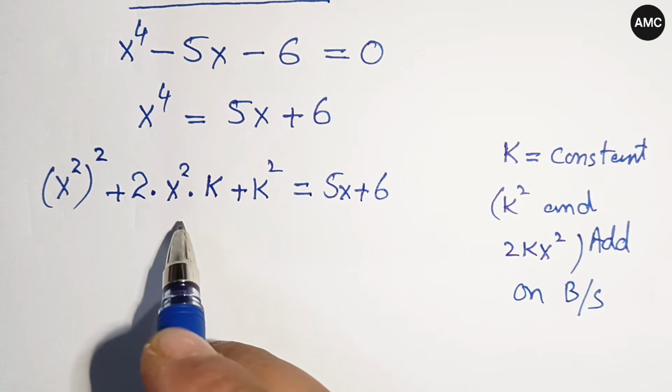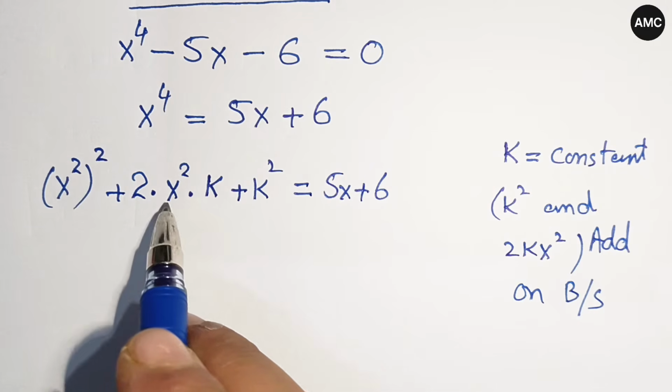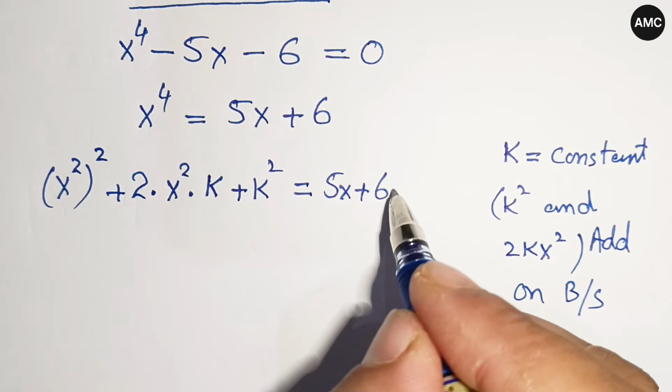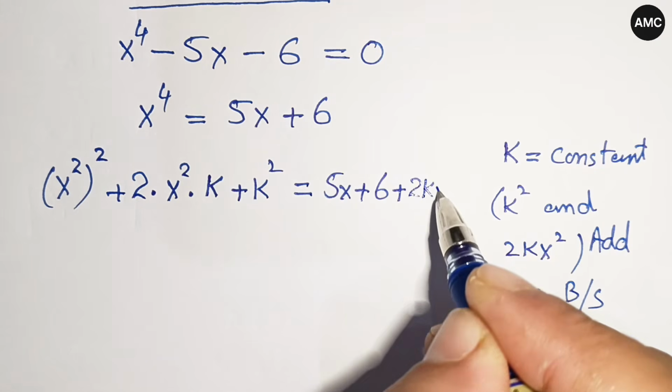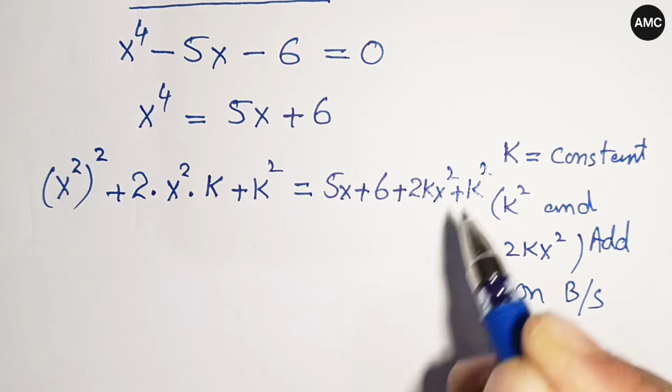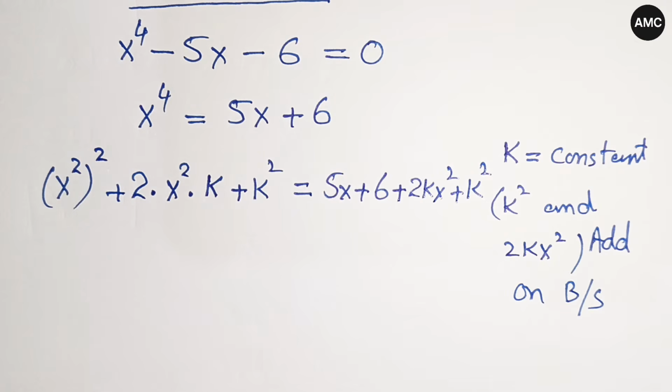Now here we have added on our left hand side 2kx squared plus k squared, so we have to add the same expressions here, that is 2kx squared plus k squared. I hope you have understood this step.